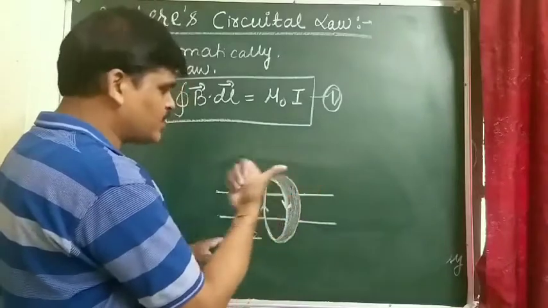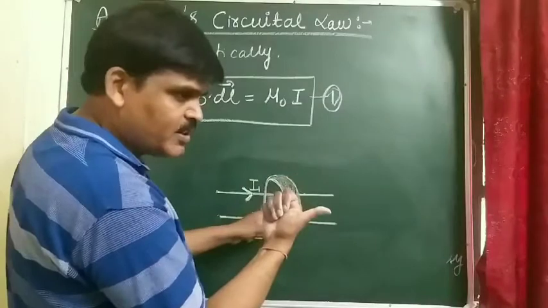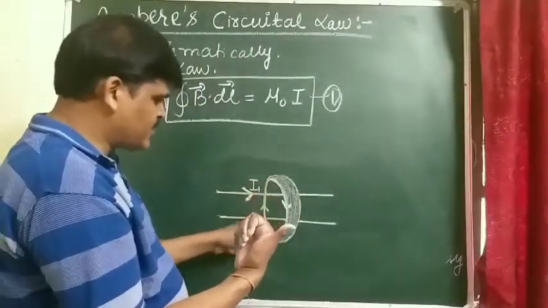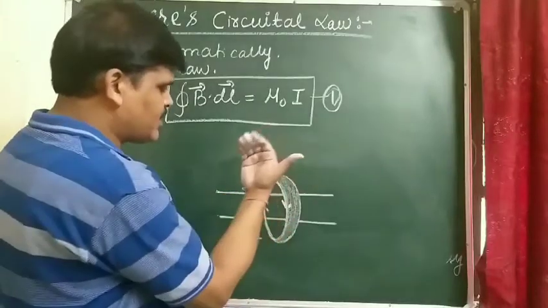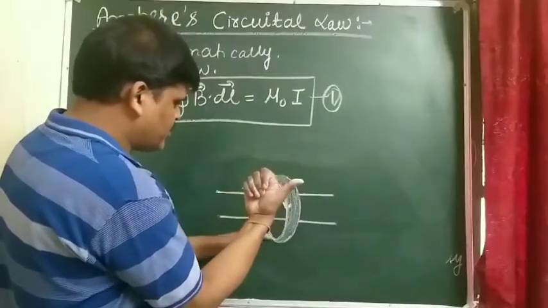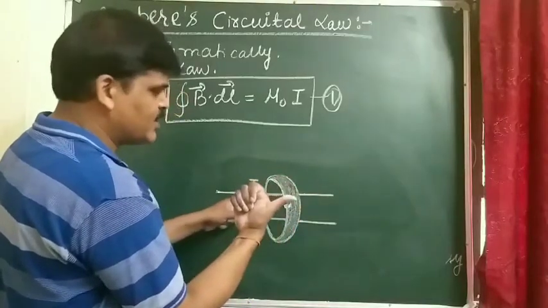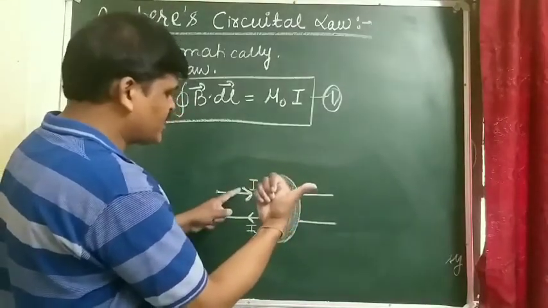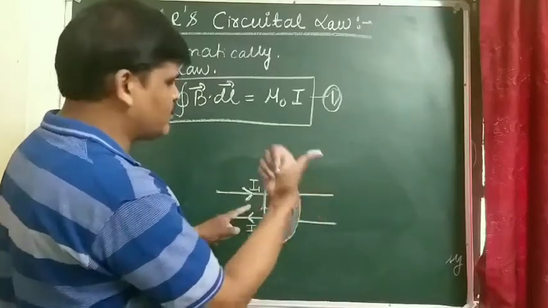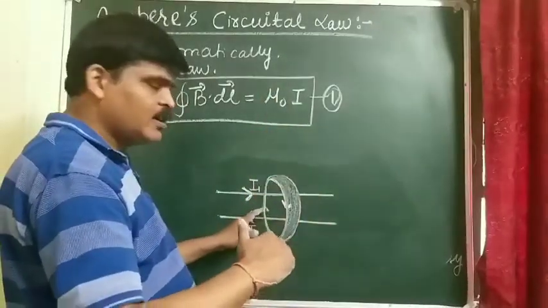So the direction of the thumb gives the direction of the current, which is either positive or negative. In this case the boundary is traversed in the clockwise direction, and the curling fingers of the right hand show the direction of traversal, so the thumb, I1 here, gives the direction of the current passing through this loop, taken to be positive.